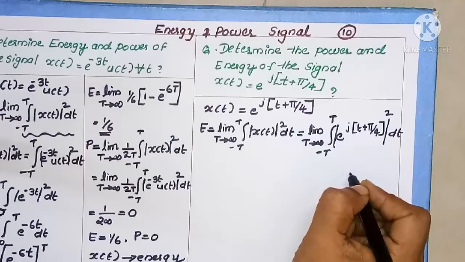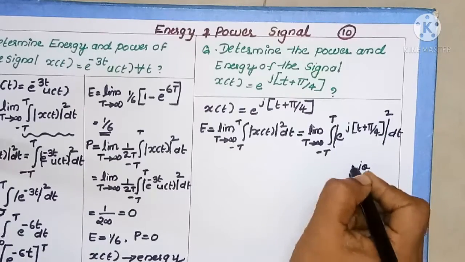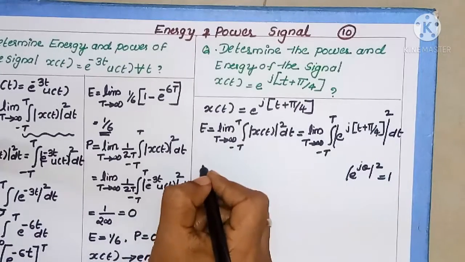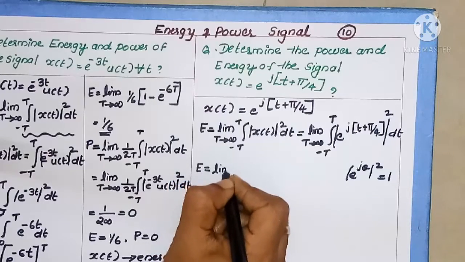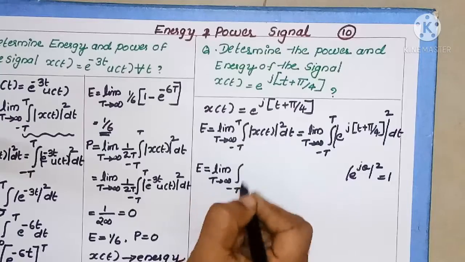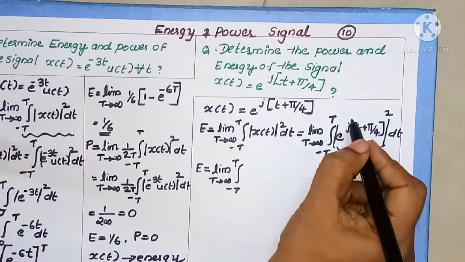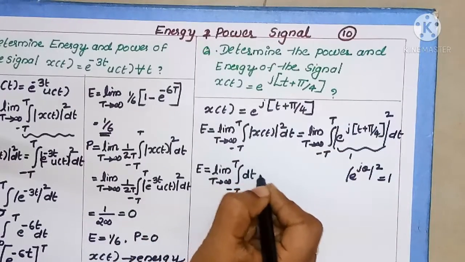We know the mathematical relation that e raised to j theta modulus square is equal to 1. So we get E equal to limit t tends to infinity integral minus t to t of dt, because this value becomes 1.